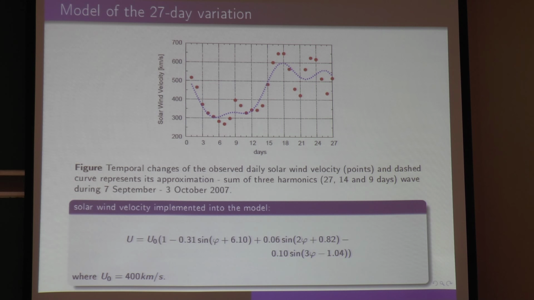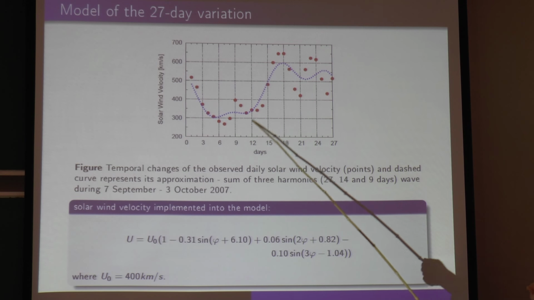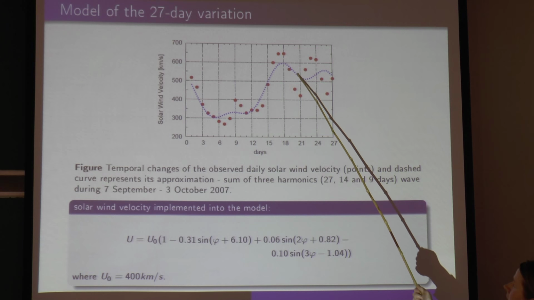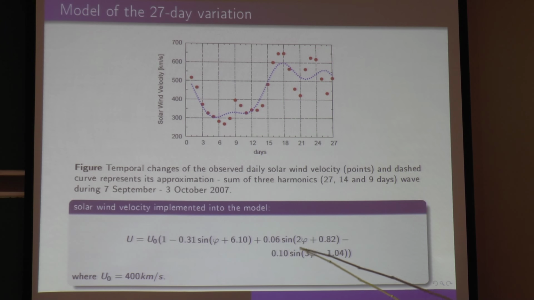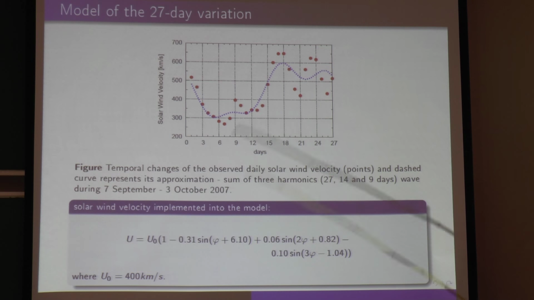And the last part of my talk is the model of the 27-day variation. As I said previously, 27-day variation is the variation connected with solar rotation. In this picture you can see solar wind velocity, red points are measurements, and the dashed line is this formula, the approximation of the experimental data.